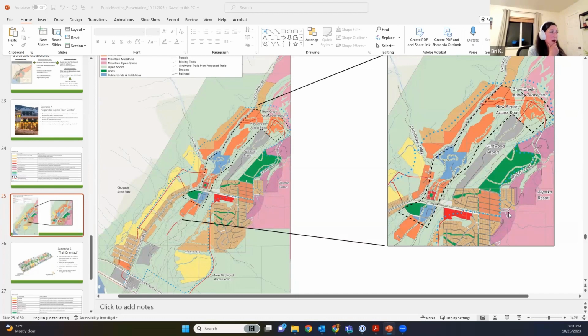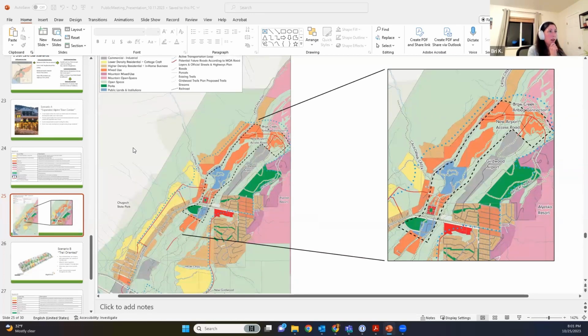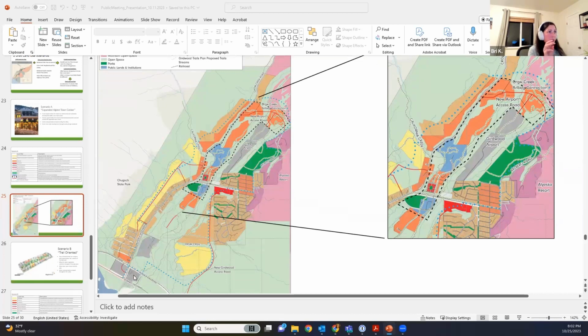And then beyond that is the mountain open space. The area along the highway is identified as commercial industrial. So it allows for a mix of both. Before there was some specific industrial land and specific commercial land, and those categories have been combined in that area.